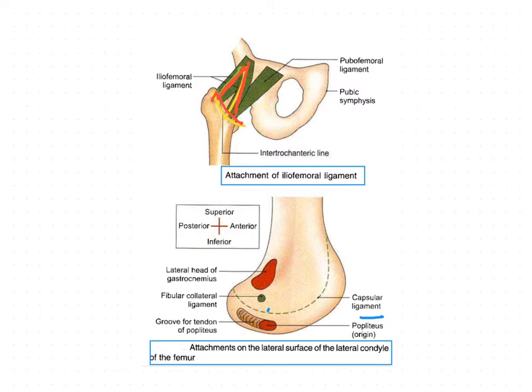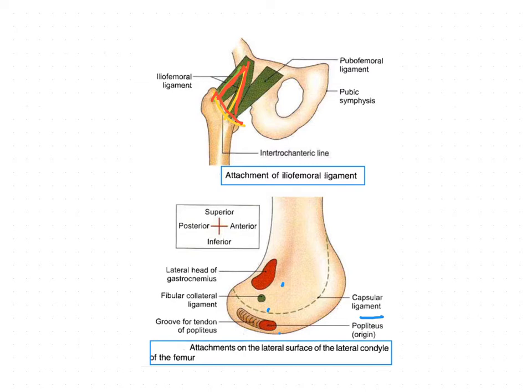The fibular collateral ligament is attached to the lateral epicondyle, and a muscular impression near the lateral epicondyle gives attachment to the lateral head of gastrocnemius. The popliteus arises from the deep anterior part of the popliteal groove.